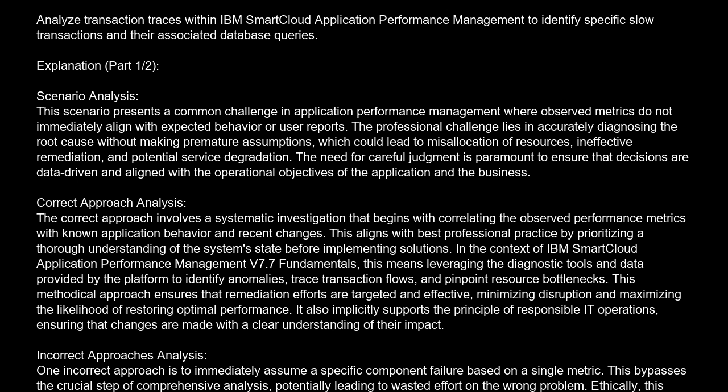This methodical approach ensures that remediation efforts are targeted and effective, minimizing disruption and maximizing the likelihood of restoring optimal performance. It also implicitly supports the principle of responsible IT operations, ensuring that changes are made with a clear understanding of their impact. Incorrect approaches analysis. One incorrect approach is to immediately assume a specific component failure based on a single metric.